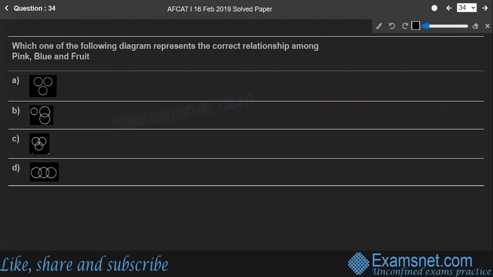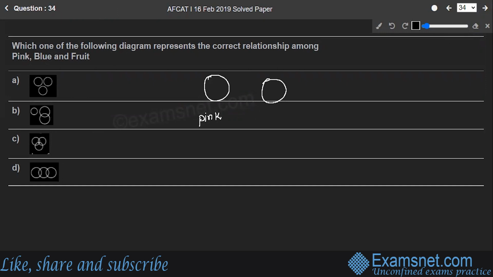Next is question number 34. Which one of the following diagrams represents a correct relationship between pink, blue, and fruit? So pink, blue, and fruit, which one of the options A, B, C, or D represents this? Now, if I'm looking at this one, here is pink and here is blue. There is no relationship between them.